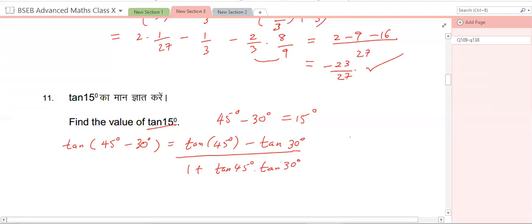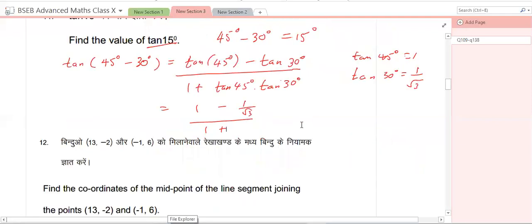We now note tan of 45 degrees is equal to 1, and tan of 30 degrees is equal to 1 over root 3. So 1 minus 1 over root 3, divided by 1 plus, tan 45 is 1 over root 3. 1 plus 1 over root 3.